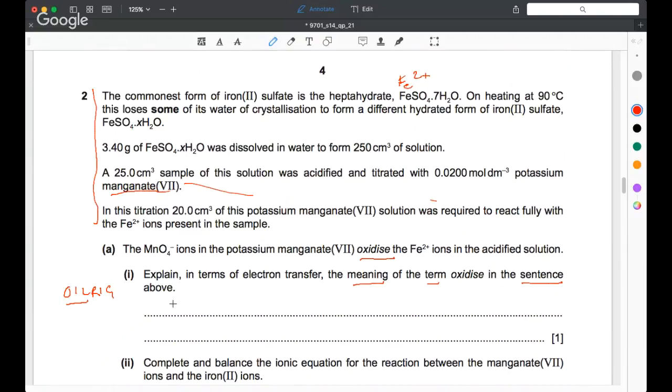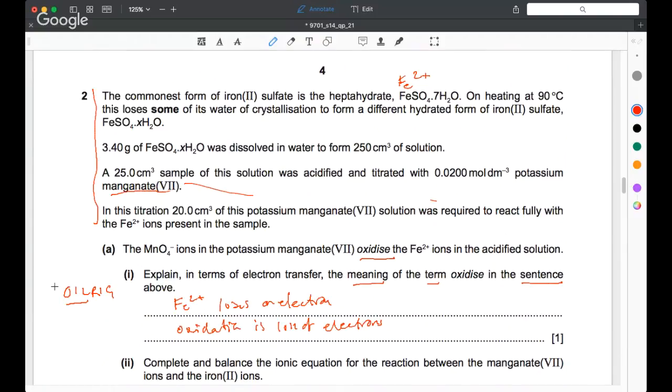So you've got to say that the Fe2 plus ion loses an electron. Okay? Because oxidation is loss of electrons.